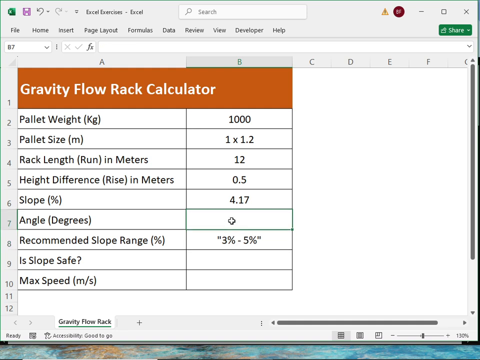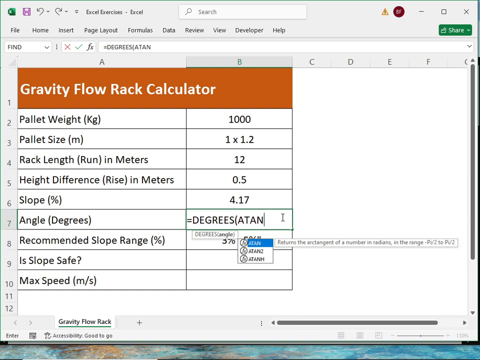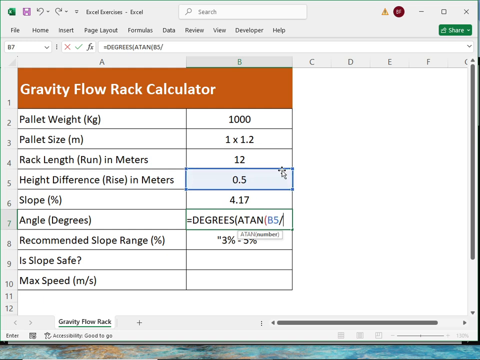The next thing we're going to find out is the angle in degrees. We'll start with DEGREES, then ATAN, or arc tangent. Again it's rise over run, so it would be B5 over B4.